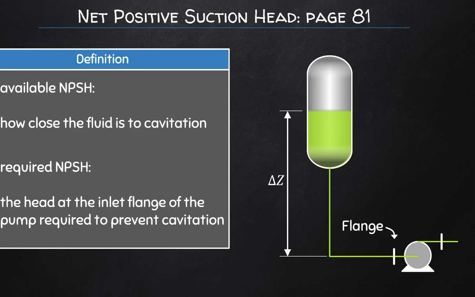Now the net positive suction head is a very important concept, and it goes hand in hand with the prevention of cavitation in the design of piping systems. Now when a process is designed, it is inevitably going to contain a certain amount of pressure behind a suction line. Okay, so when you place a pump in a line, there's going to be some pressure that the fluid mover can be working with.